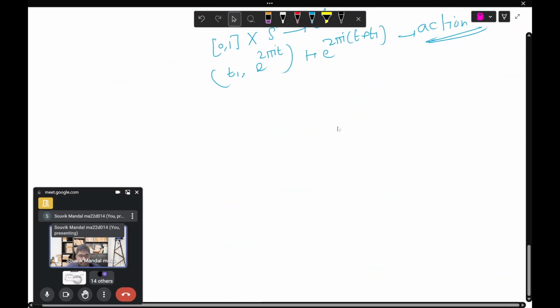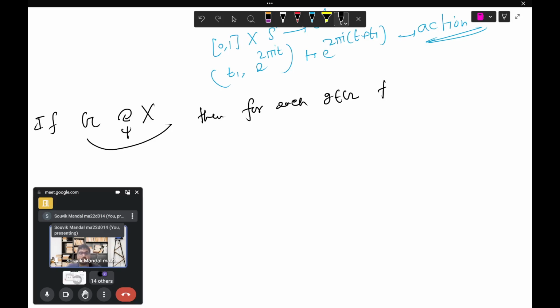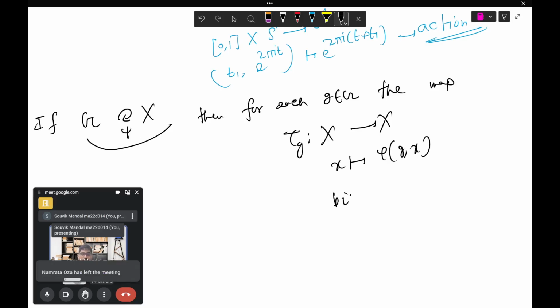Now, one interesting thing that happens is this. If G acts on X via this psi, then for each g in G, the map tau g, given by x goes to psi of g comma x, will be a bijection.